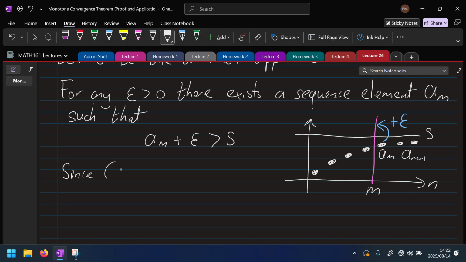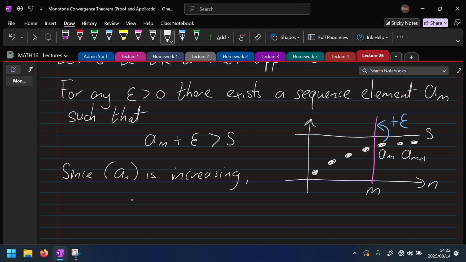Since our sequence AN is increasing, the first part, we used that it was bounded above. The second part, we use that it's increasing. So since AN is increasing, for all the points after m, they must be larger than a_m, because everything to the right of that pink line is larger than everything to the left.